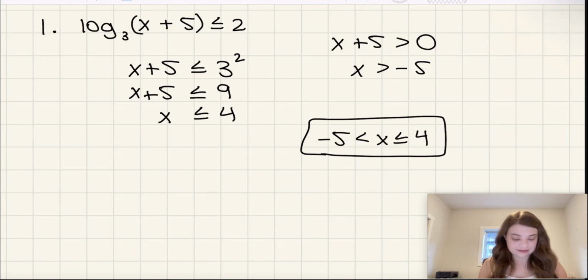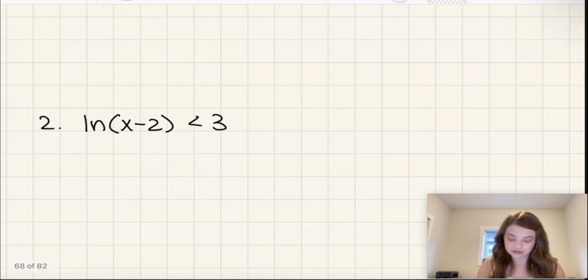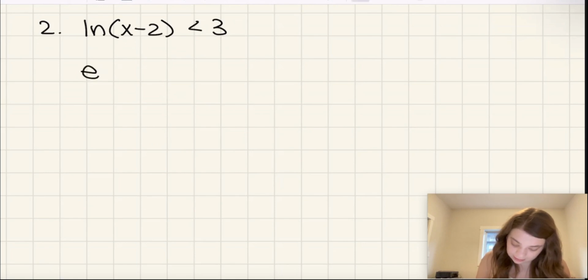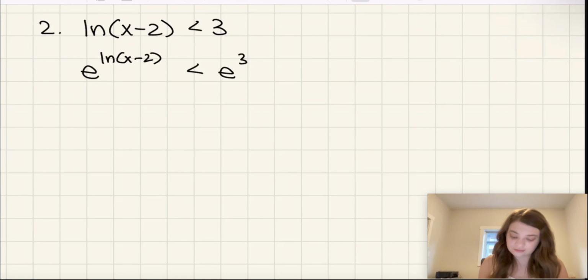Okay, let's try the second one, which involves ln. How do we get rid of ln? To get rid of ln, we would have to use e. We would write this in exponential form. So we would say e to the power of ln of x minus 2 is less than e to the power of 3.